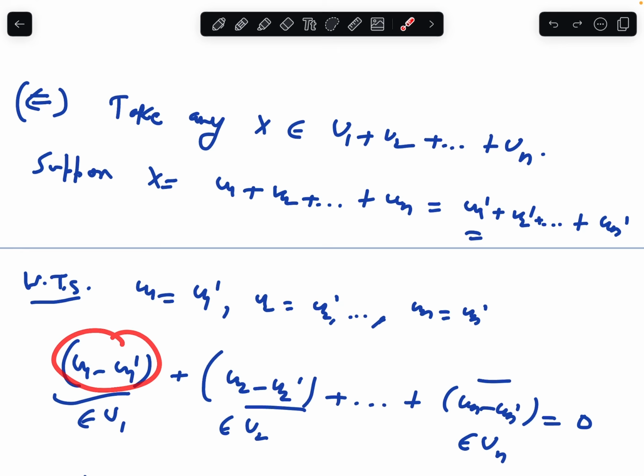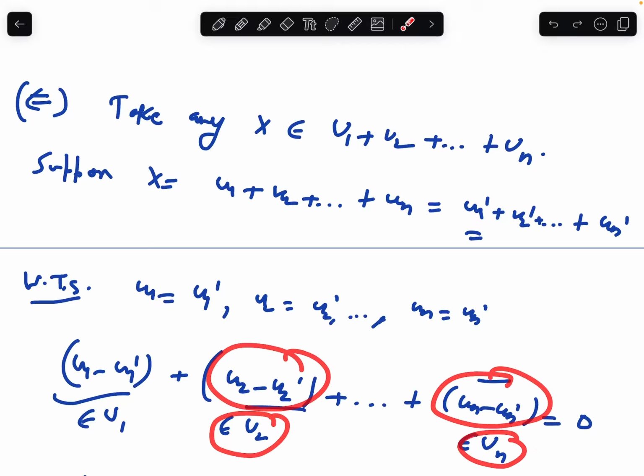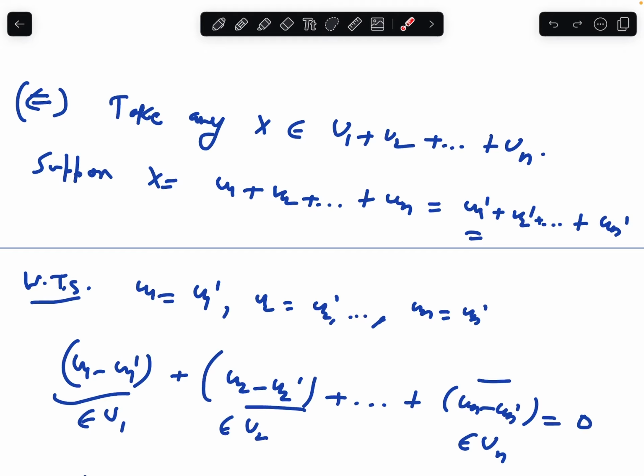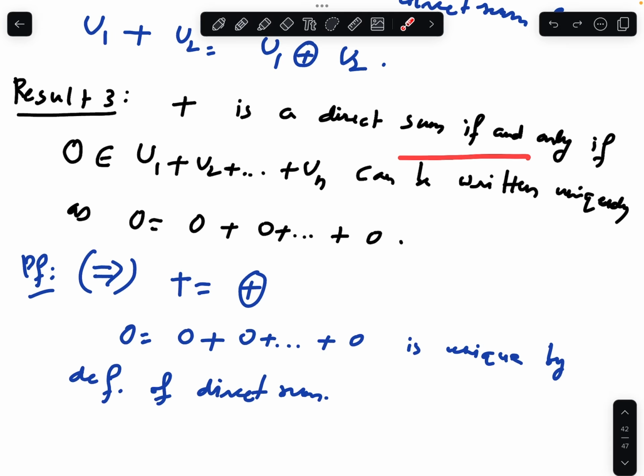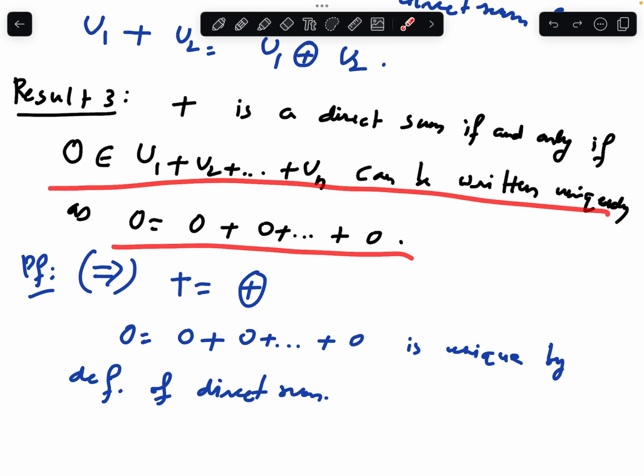So u1 minus u1 prime has to be inside U1. Similarly, this has to be inside U2. This has to be inside Un. So 0 is written as a summation of elements from the Ui's. But we assumed, because we are going in this direction, that 0 can be written uniquely.